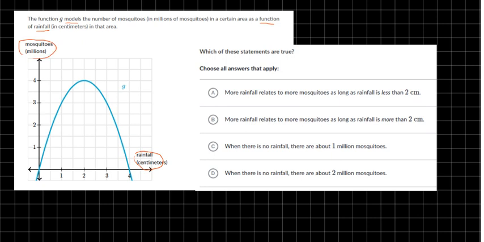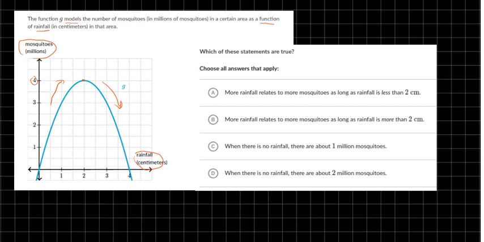When we have 0 rainfall, we have 0 mosquitoes, and then we get more and more mosquitoes, and when it gets too much rainfall, it starts going down again. We get our maximum at about 2 centimeters of rainfall. We have about 4 million mosquitoes, and then we go back down to 0.